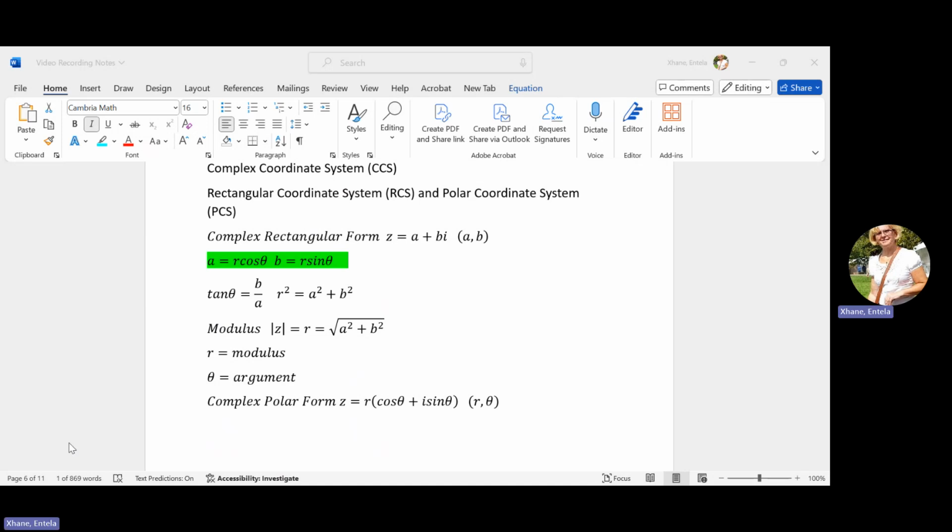So let's start off with the formulas that give us the opportunity to perform operations such as multiplication and division.